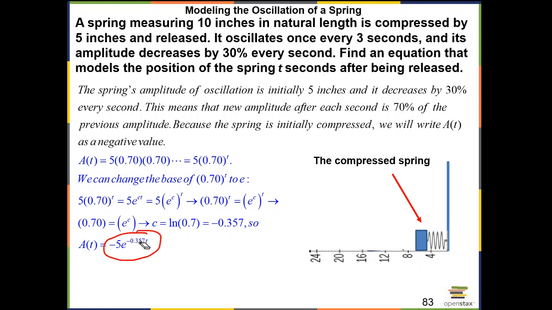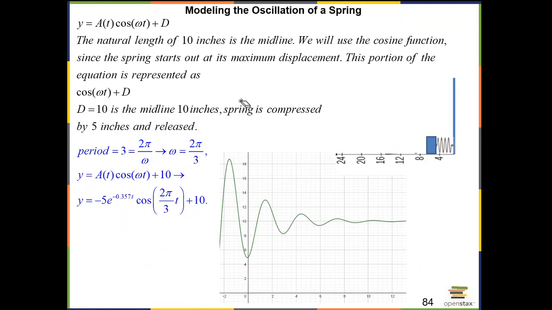That function, right? Now we're going to think about whether we use cosine or sine. That's the damping function. Well, here, since we are starting at minimum, we're going to use a cosine function, right? Because we compress it, so we start from minimum. We're going to use cosine omega t.